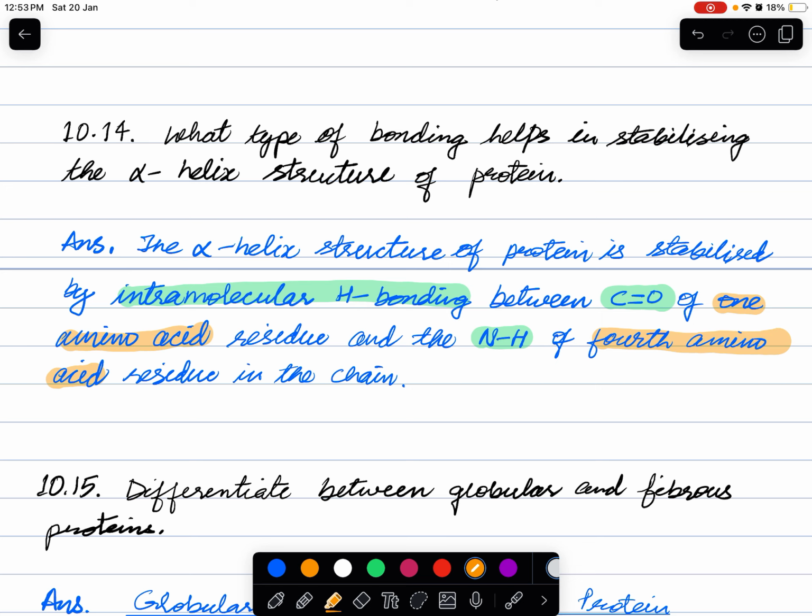So this results in coiling of the polypeptide chain to give you the secondary structure of protein that we call alpha helix structure of protein.